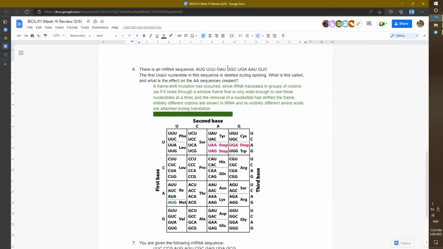Oh, and it's important to note that I'm not sure if you'll be given questions about this really, but going from a DNA sequence to the mRNA sequence to the anticodon sequence, you have to switch back and forth, because mRNA is complementary to the DNA.